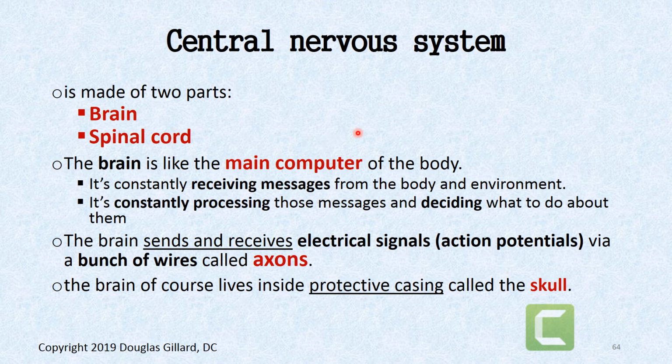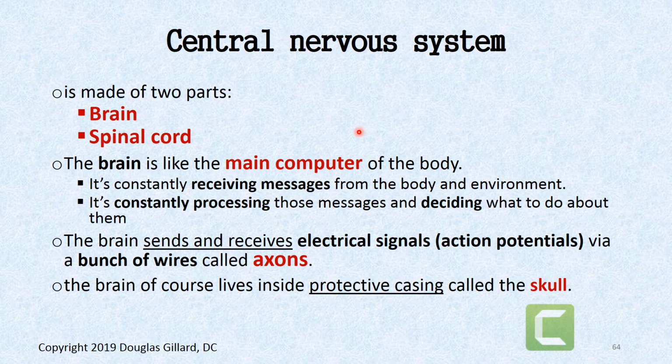The brain is like the main computer right up in your head, constantly receiving and processing messages from the environment or from your own body. And then your brain decides what it is going to do about these messages. Maybe nothing. Maybe it needs to itch your patella.